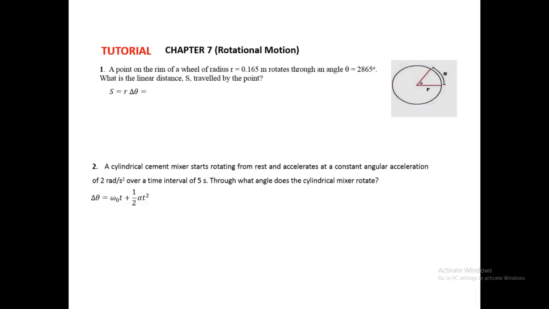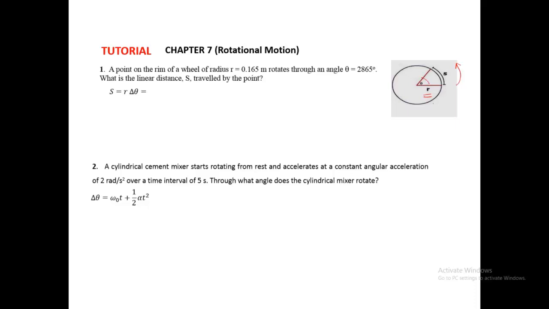You see, a point on the rim of a wheel of radius r is given to you. It is rotating in this direction, for example.